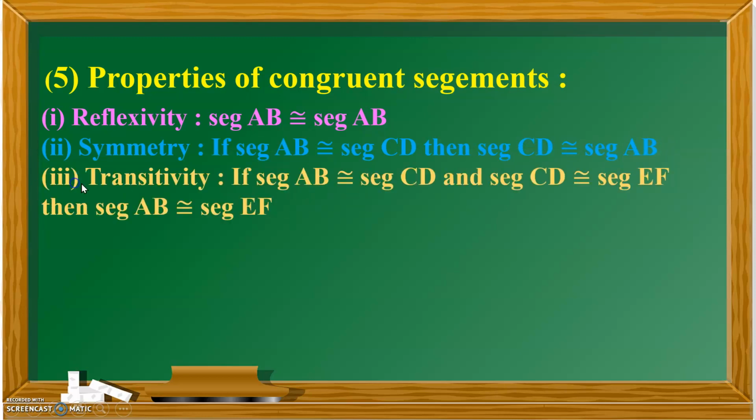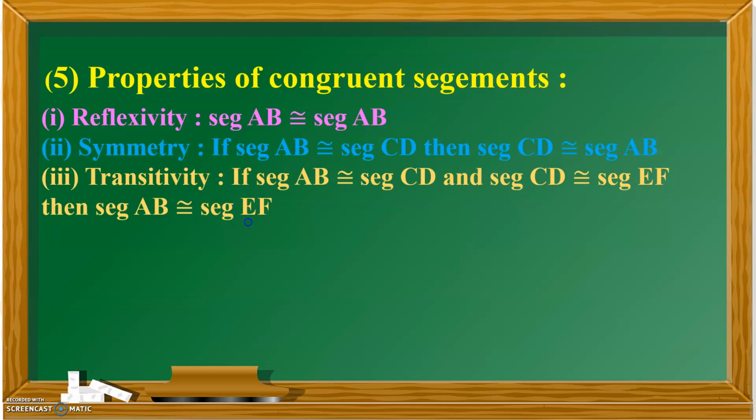Clear? Third one is transitivity. If segment AB is congruent to segment CD, and segment CD is congruent to segment EF, then segment AB is also congruent to segment EF. In simple words, if I have three segments, first segment is congruent to the second, and if the second is congruent to the third, that means the first is congruent to the third.